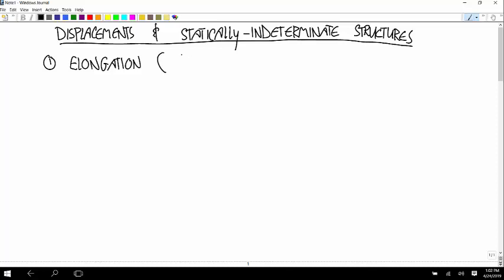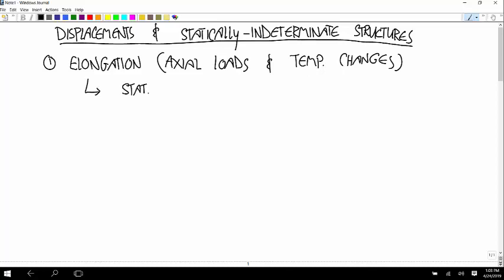That has to do with axial loads and temperature changes. And then from that, we'll use the idea of elongation to talk about statically indeterminate structures.